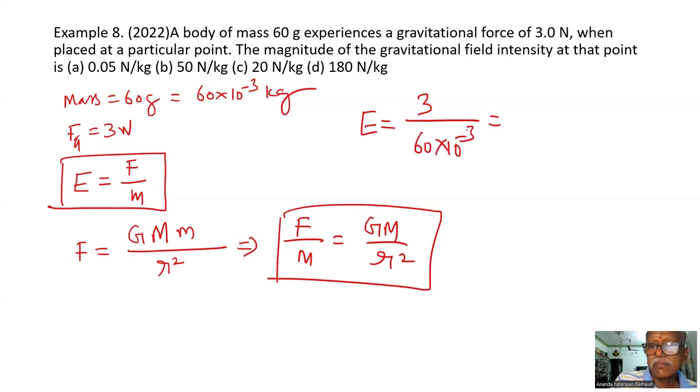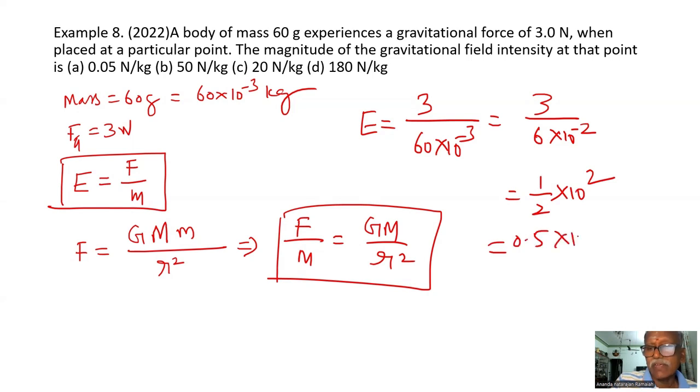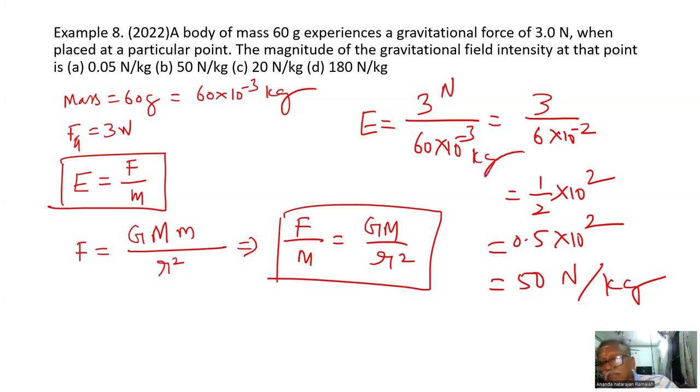That is 3 divided by 6 into 10 power minus 2, equal to 1 by 2 into 10 power 2, that is 0.5 into 10 power 2, that is 50 Newton per kg. Newton is the force and kg is the mass, therefore Newton per kg. The field intensity at that point is 50 Newton per kg. Therefore, B is the answer.